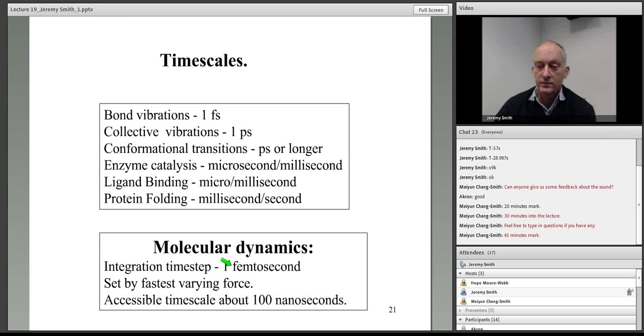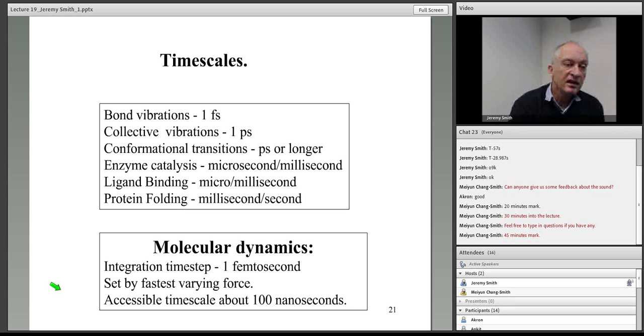The accessible timescale now, well, I've put about 100 nanoseconds on this slide. It's now a microsecond, fairly routinely accessible with specialized computers like the one that D.E. Shaw built for hundreds of millions of dollars. It allows us to now simulate to milliseconds, so 1,000 times faster than the timescales that are commonly accessible.